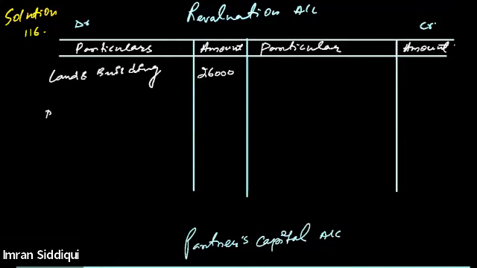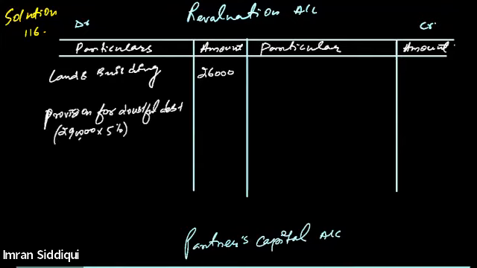We'll write down provision for doubtful debt. That will be 2,90,000 into 5%, which will be 14,500.